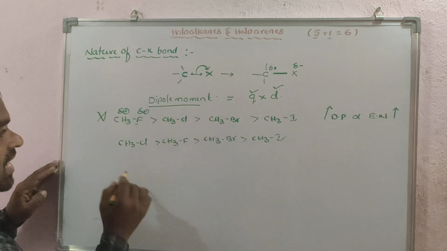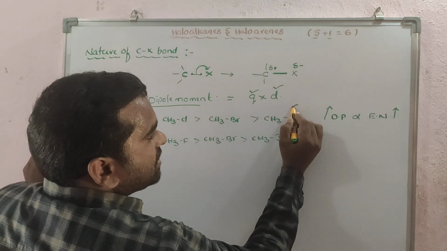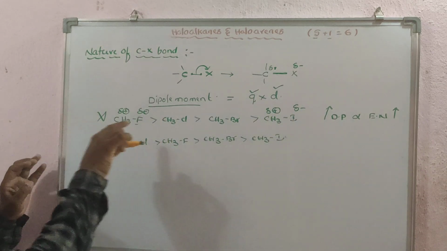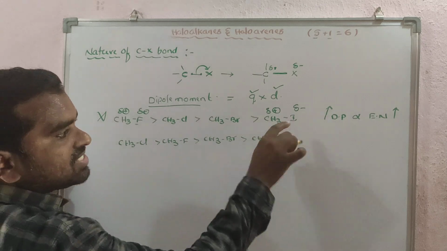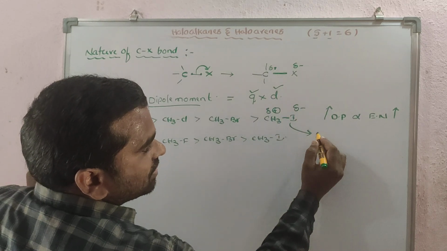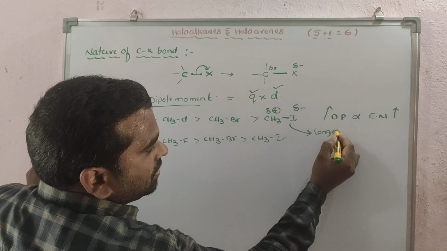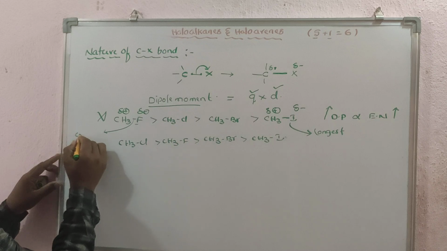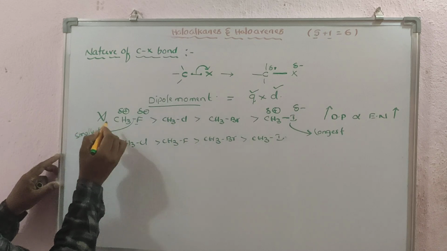What is the bond length order? In CH3I, the bond length is longest, but in CH3F, the bond length is smallest.